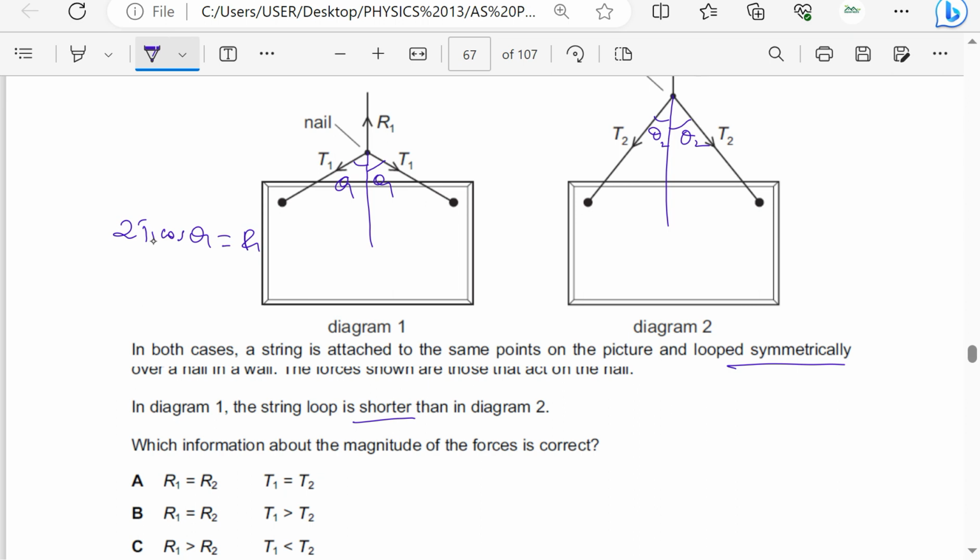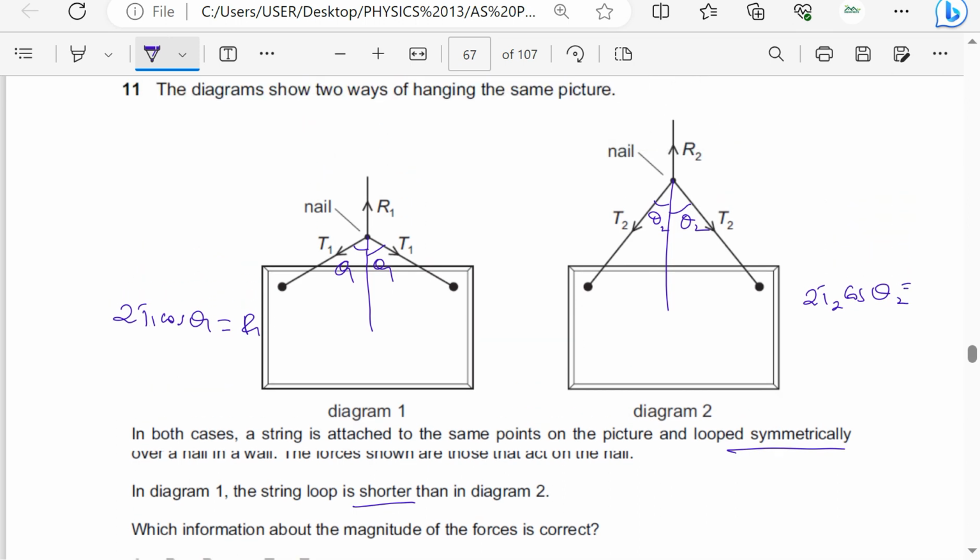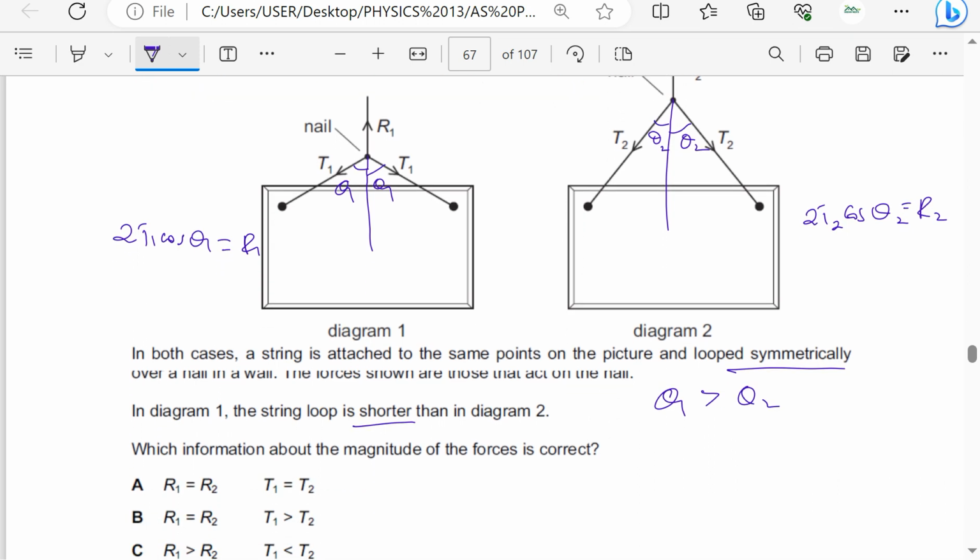On the right-hand side, we shall have 2 T2 cos theta 2 should also be equal to, I think this is R2. I want you to notice very well that theta 1 is greater than theta 2. If theta 1 is greater than theta 2, it means cos theta 1 should be less than cos theta 2.